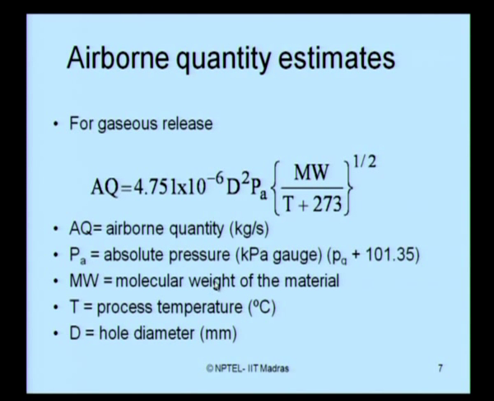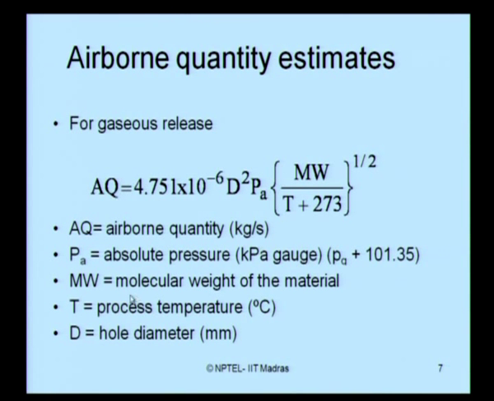MW is the molecular weight of the material and T is the process temperature in degrees Celsius. Now I am talking about a gaseous release. The gas will be released from a specific puncture of a pipe or a puncture in a containment.